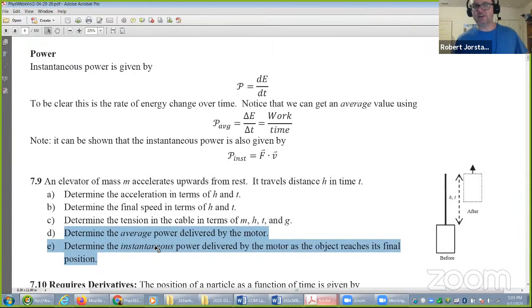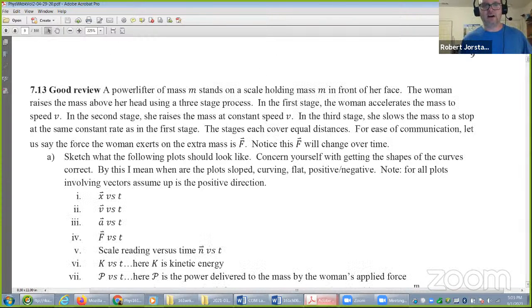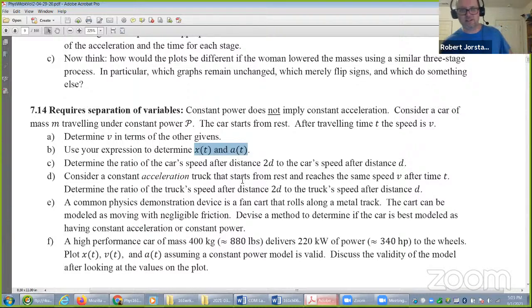So just because you have constant forces doesn't mean you're going to have constant power. So if you're curious, what if you do have constant power? Then this problem is for you. Okay, so if you could have constant power being applied to an object, what would the curves of position versus time and acceleration look like? All right, so if you're curious about that, there you go.